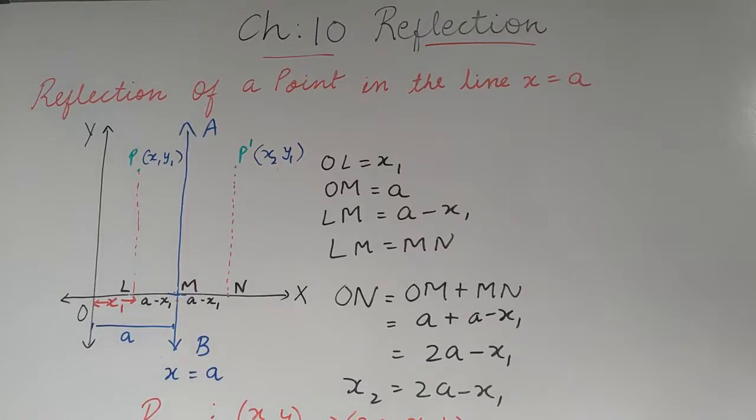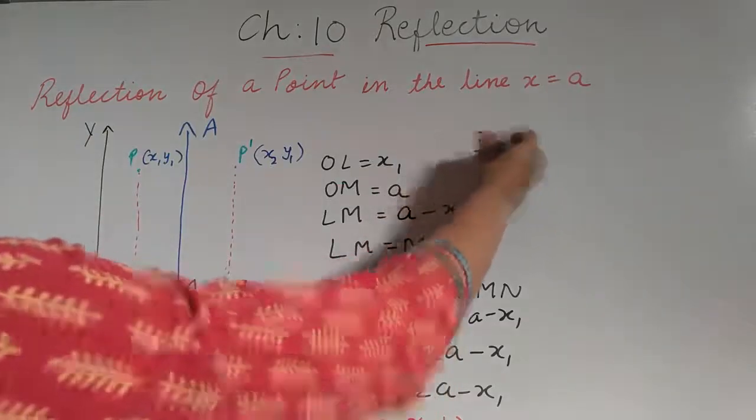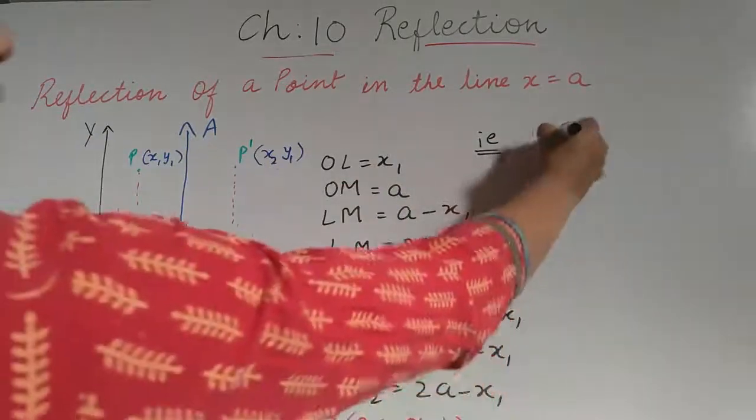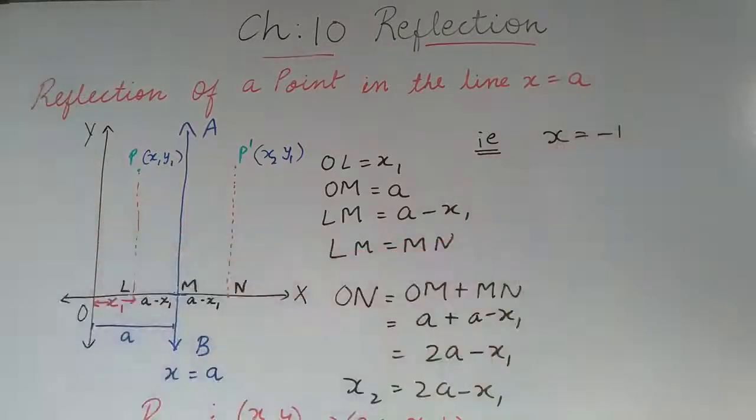Now you will not understand this thoroughly before I give you one example. So let us take one example to understand it more. See students, reflection of a point in the line x equal to a means some line will be given to you in the exam. So let us take one example, that the line x equal to minus 1 is given to you.